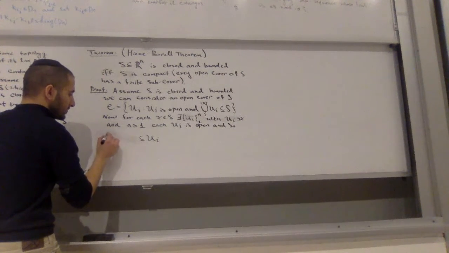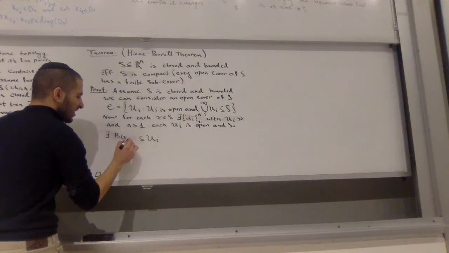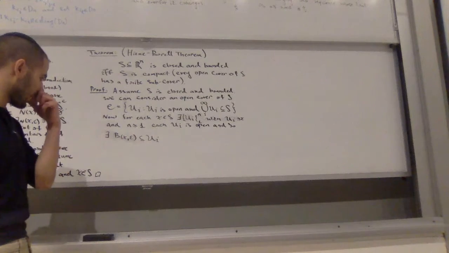There exists a ball centered at X of radius epsilon, which is entirely contained in U_i.